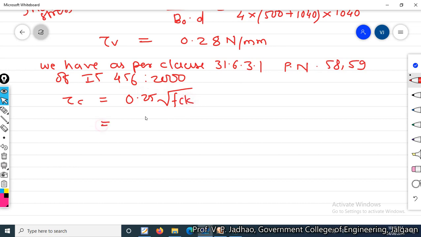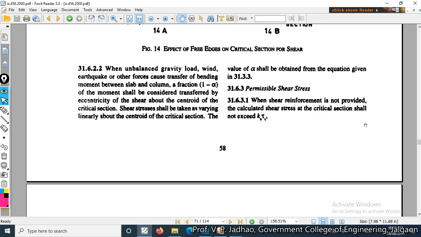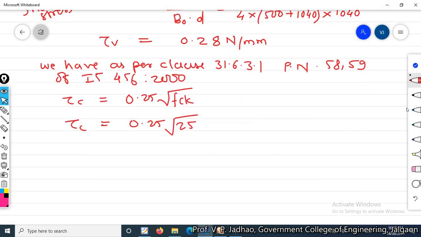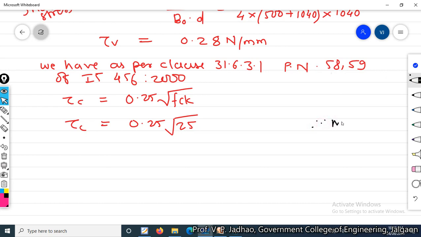Therefore the value of tau c comes out from 0.25 under root fck, and for this particular case it is M25, since we have M25, therefore 25.